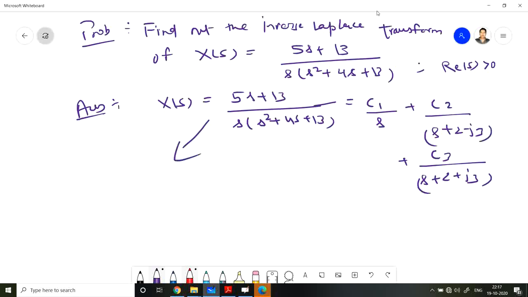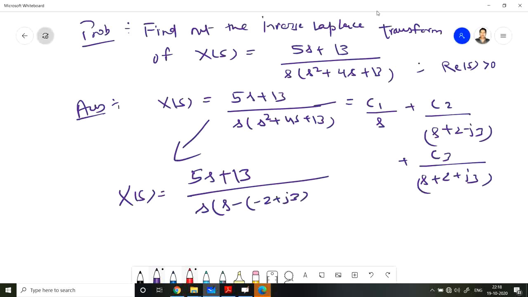Actually there is an intermediate step that I did not tell you. X(s) = (5s + 13) divided by s times (s - (-2 + j3)) times (s - (-2 - j3)), which gives (s + 2 - j3) and (s + 2 + j3). So we have written it in partial fraction expansion form.